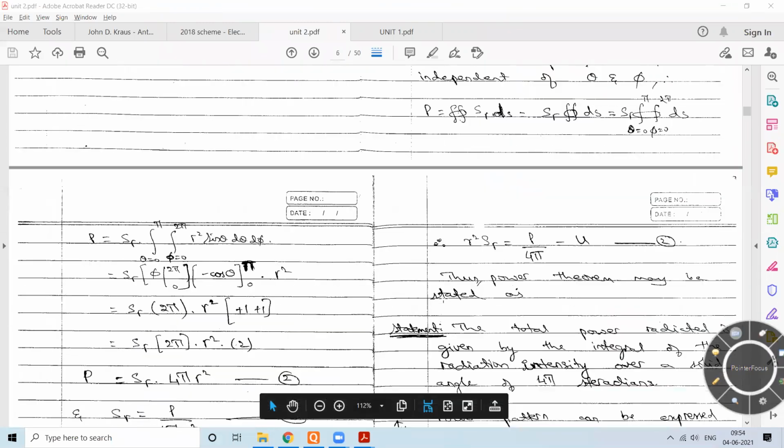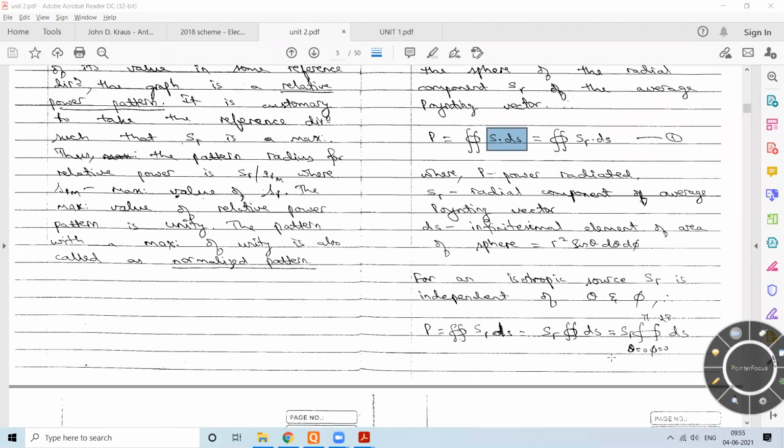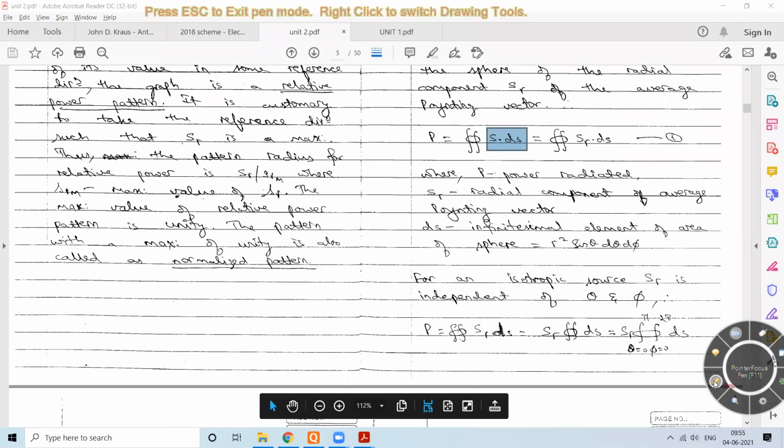So when I apply that power theorem, with respect to radiation intensity, a slight change can be observed.